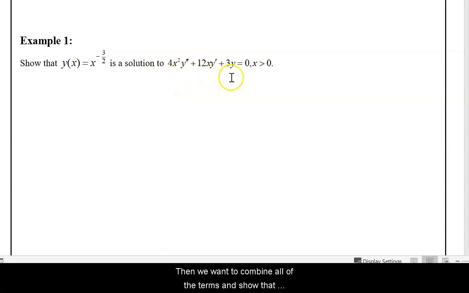Then we want to combine all of the terms and show that this does in fact lead to 0. In other words, to prove that it's a solution, everything must take place on one side of the equation without moving things to the opposite side. You're trying to prove that this side does equal 0.